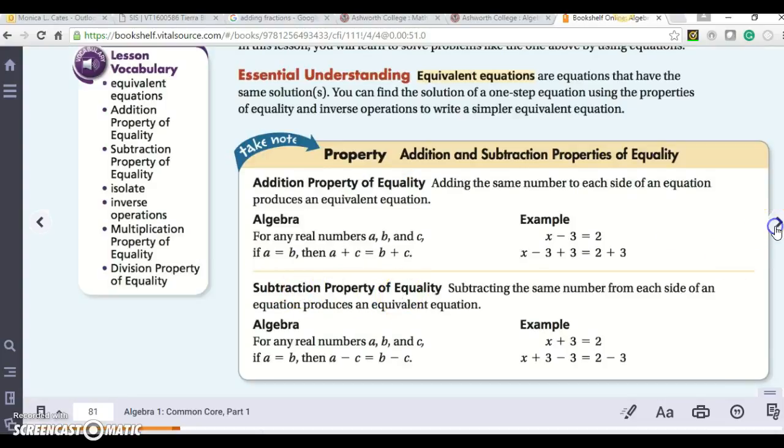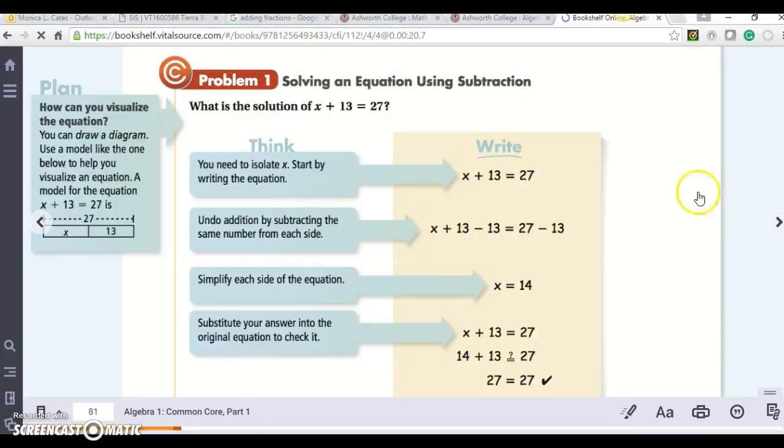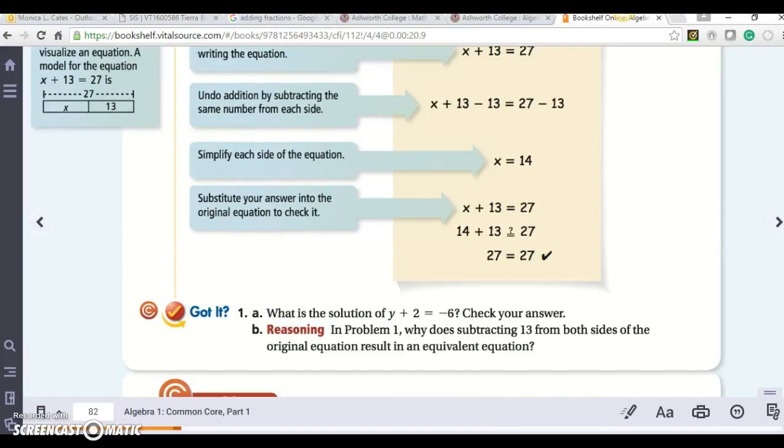That means I am making it the exact same thing on the other side. So when I subtract 13 from both sides, I get x equals 14. And so we can check it out. If I put in 14 for my x, 14 plus 13 equals 27. So it checks out. Let's take a look and do one on our own.